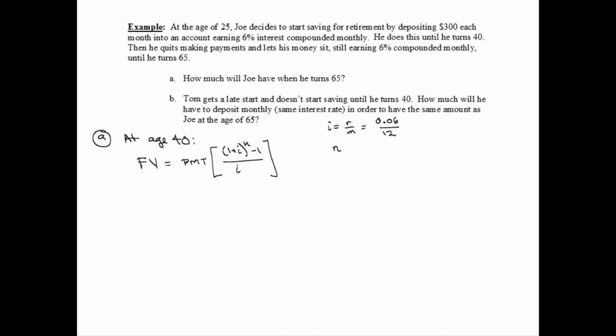My N is the number of compounding periods, which is also the number of payments, MT. So 12 times how many years? 15, which gives me 180. Why 15? Because that's age 40 minus age 25. In other words, he is doing this for 15 years. That's how many payments he is making.